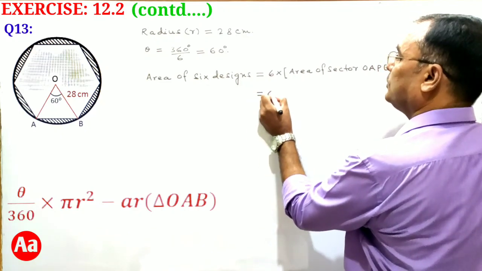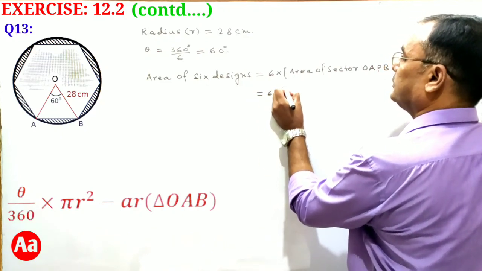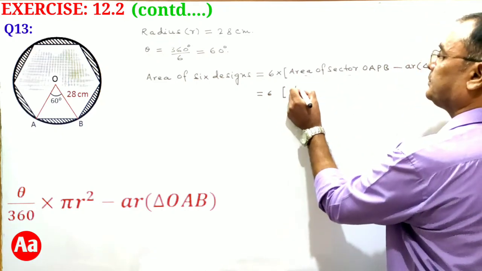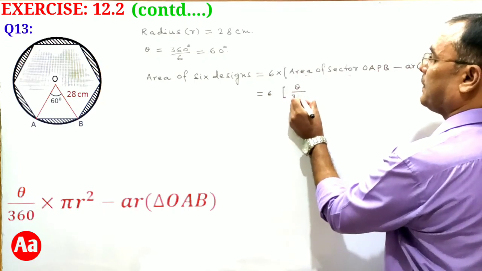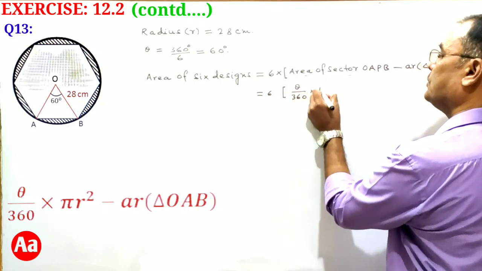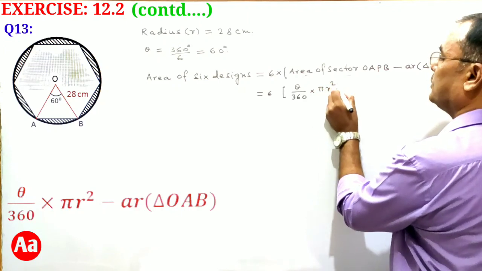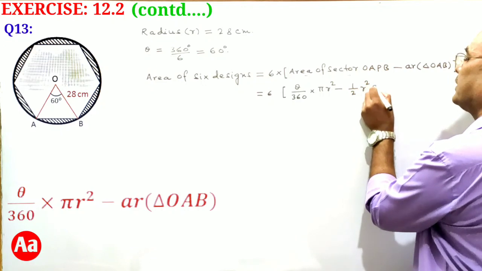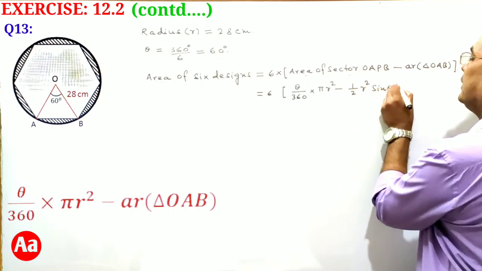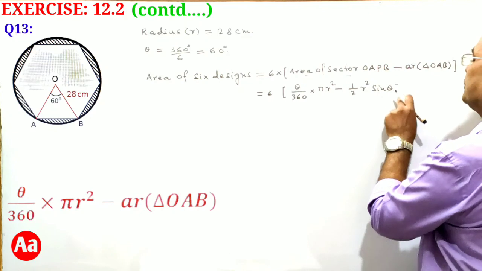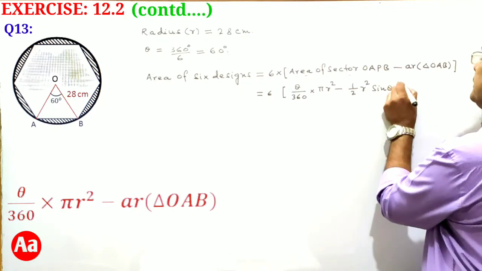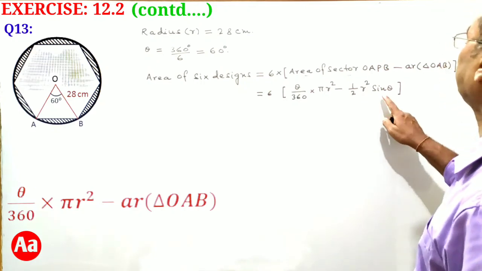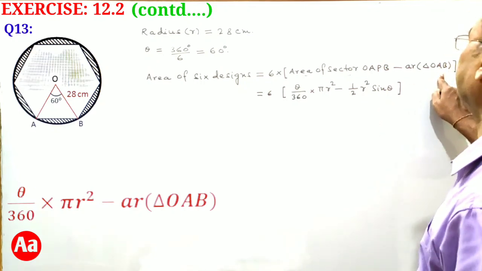This is equal to 6 into the formula for the area of a sector, theta by 360 into pi r square, minus half r square sin theta. This formula we are going to use to find the area of equilateral triangle OAB.